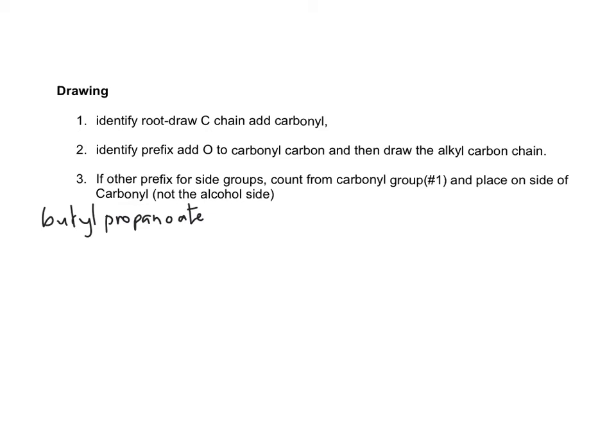So draw your 3 carbons, put in your double bonded oxygen, so there's your carbonyl group, and a chain of 3 for propane, and then stick on your O from your alcohol, and it's butyl, so it's 4 carbons attached.